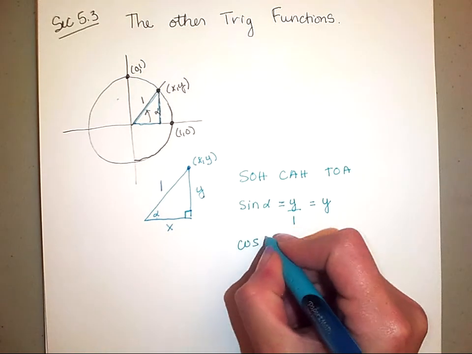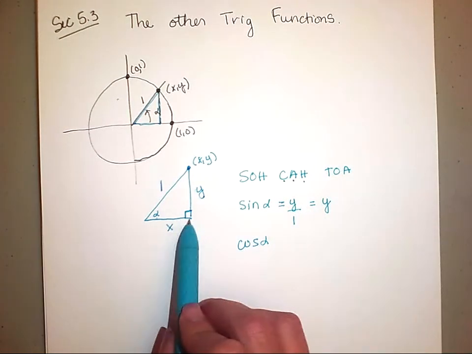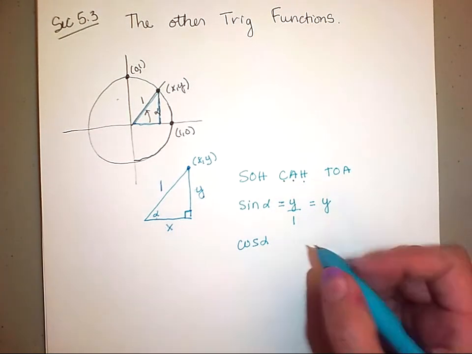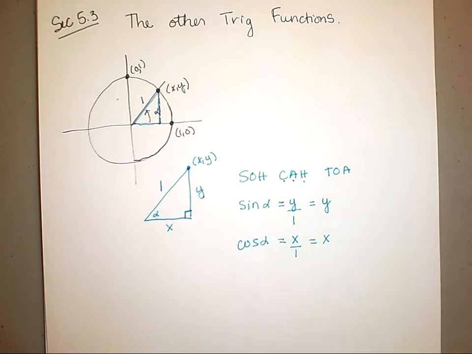Then the cosine of alpha is the adjacent over the hypotenuse. The side adjacent to our angle alpha is x, over the hypotenuse, which is simply x.